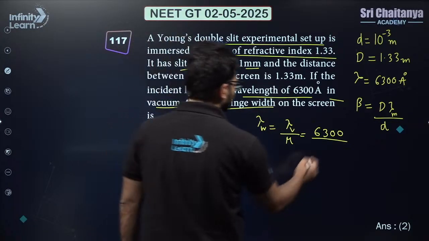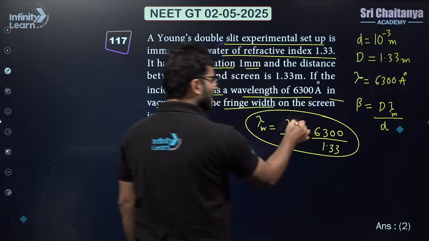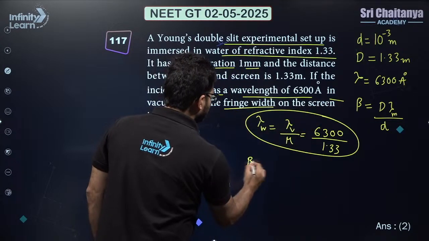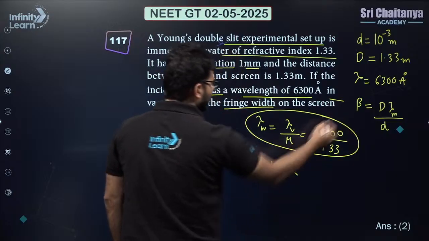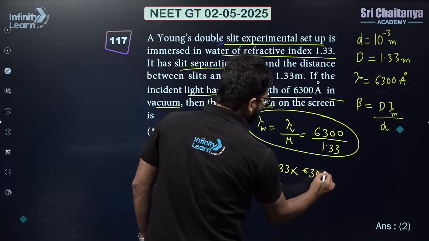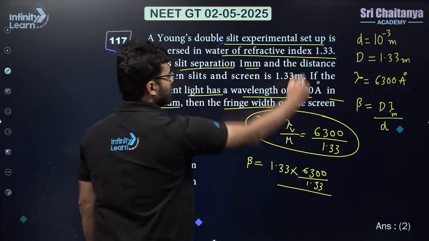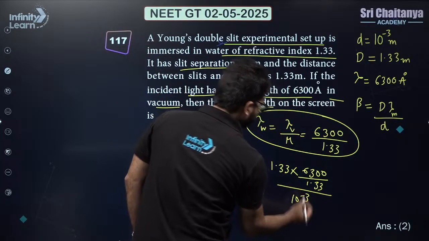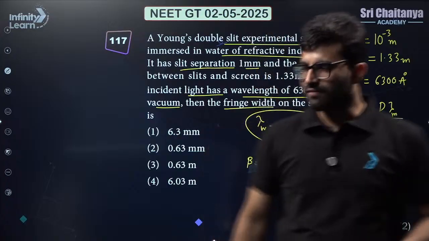So you calculate this value of lambda here and then you put it there, right? So beta would be equal to capital D, which is 1.33 multiplied by lambda, which is 6300 divided by 1.33, upon small d. What is small d? 10 to the power minus 3, right? So from here you can calculate the value. Is that very, very clear, right?